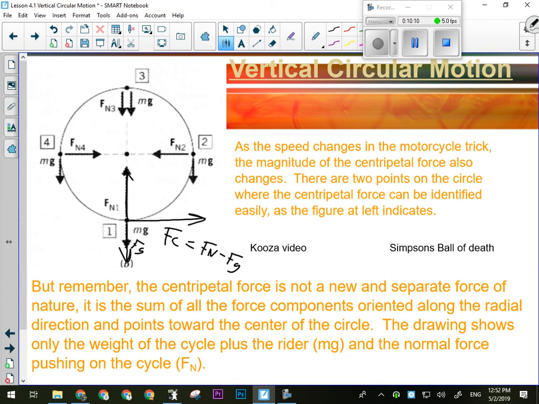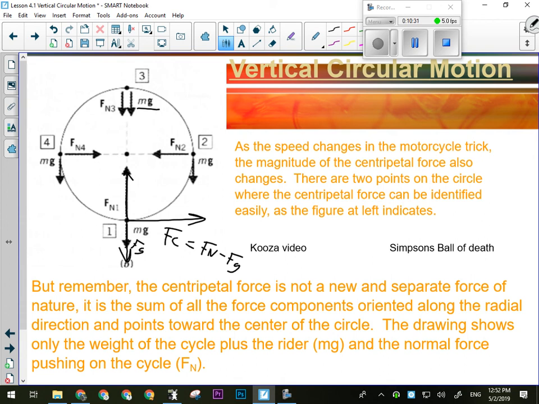Okay? All right, at the top, if I'm on the inside, so if I'm going through the loop, doing the loop on the inside, gravity is pulling me down, and if I'm going just fast enough to stay in the circle, that's the only force. Because if I'm going just fast enough, I don't push on the track, so the track doesn't push back.